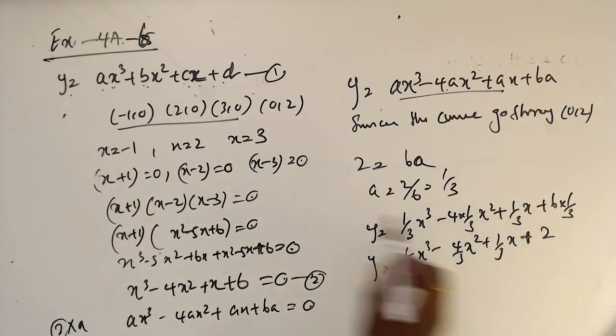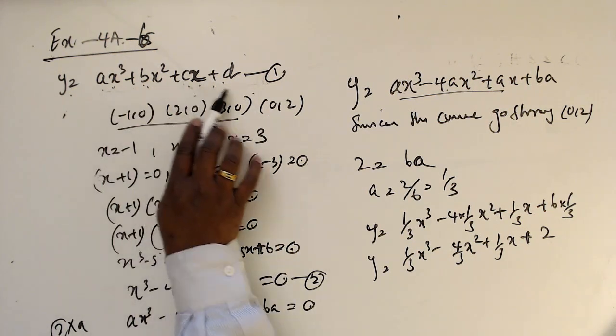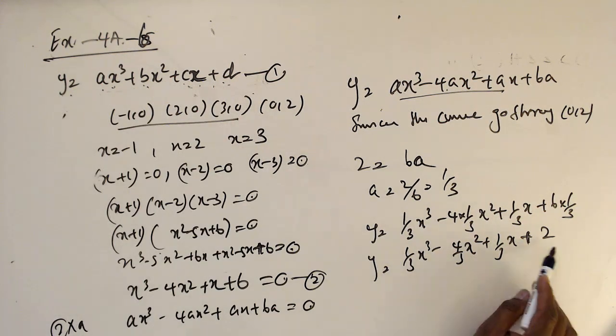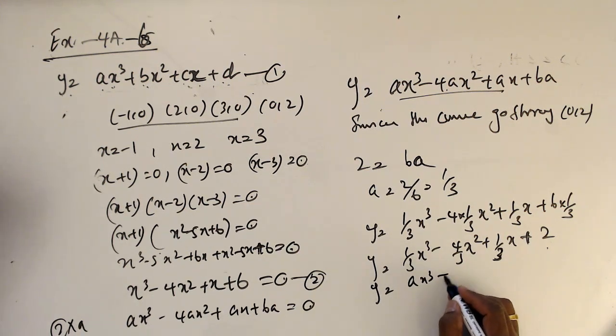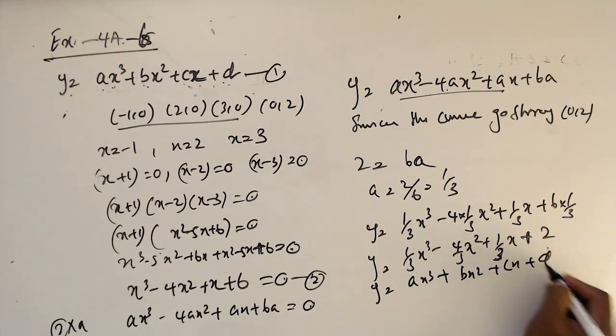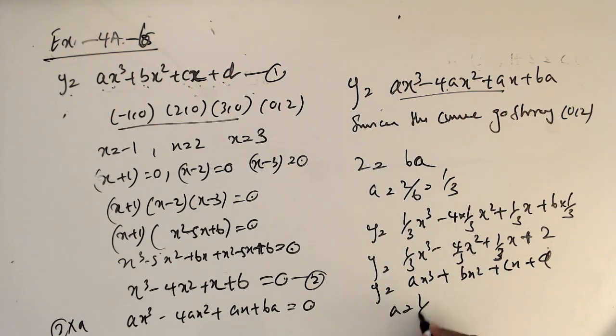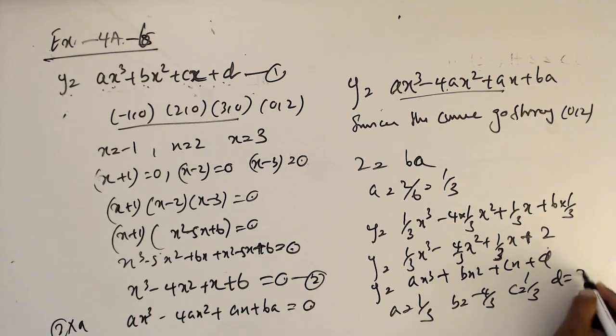This does match when x equals 0, the d value is 2. Yes, it is there now. It matches y equals ax cube plus bx square plus cx plus d. Now a equals 1/3, b equals minus 4 over 3, c equals 1/3, and d equals 2.